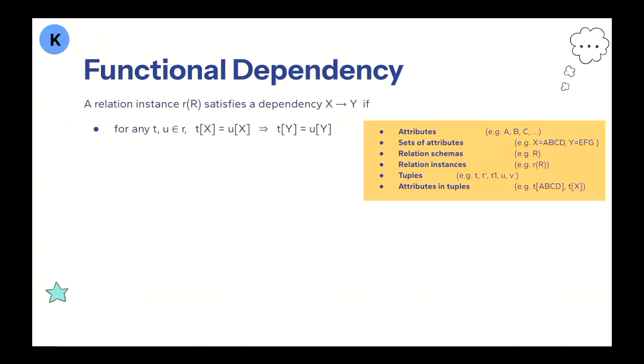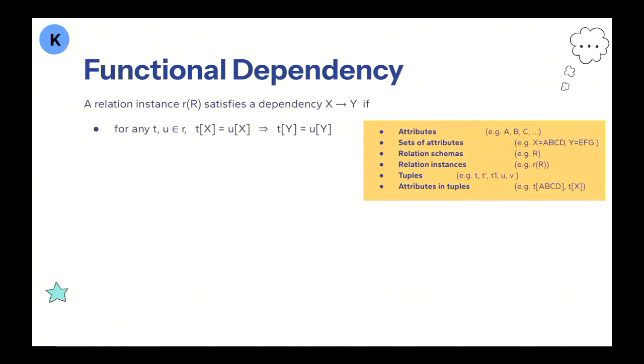So for any two tuples from that instance of relation, if the set of attributes X equals each other across the two tuples, then Y would also equal each other across the two tuples.